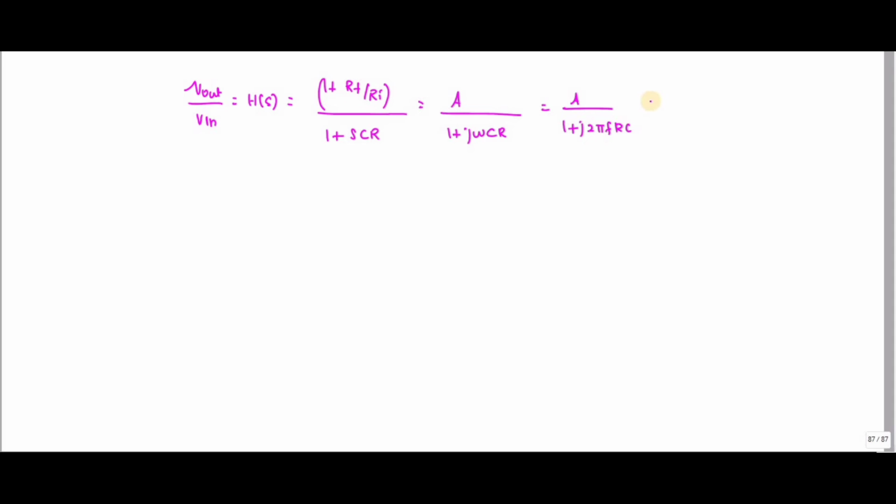So if I take the modulus of H of f, I will get A divided by root of 1 plus (2 pi f RC) whole square, right? So fH I can write as 1 divided by 2 pi RC. So A divided by root of 1 plus (f by fH) the whole square.